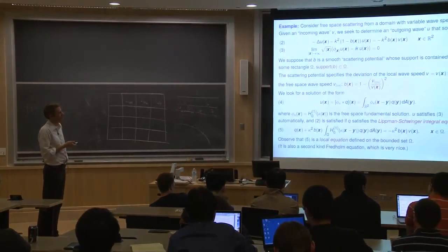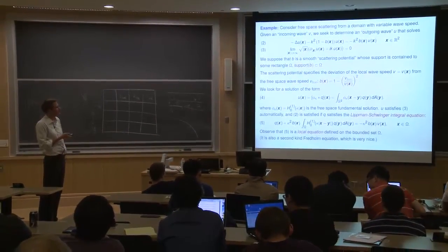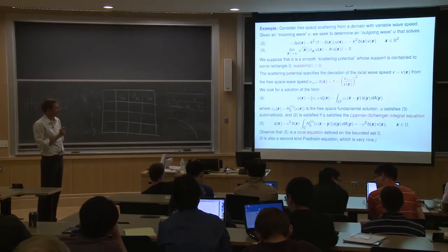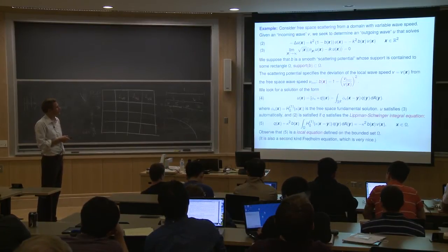So B here indicates basically the deviation from the free space. If B is 0 at x, then the wave speed is the free space wave speed. But it deviates in some region.